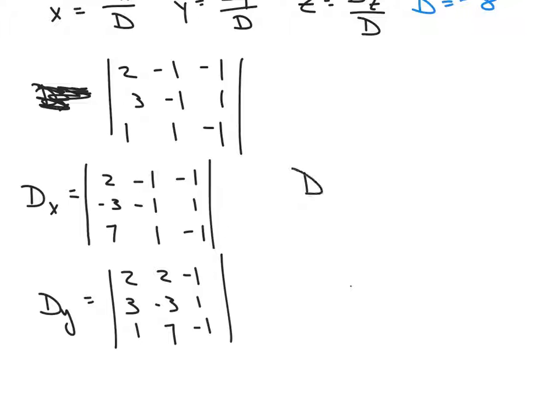And then finally my D of z is going to be my first row, and my next column is going to be my second row, or column, and my third is going to be my answers.